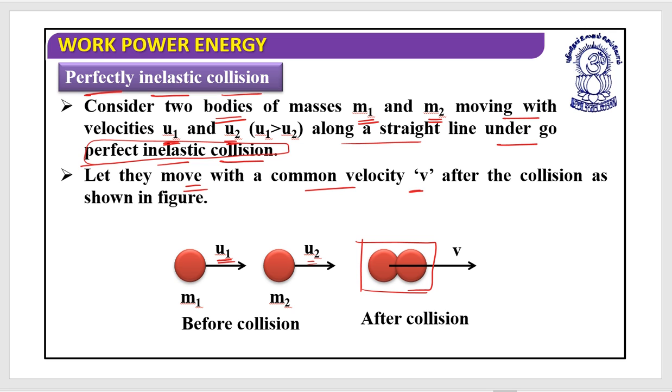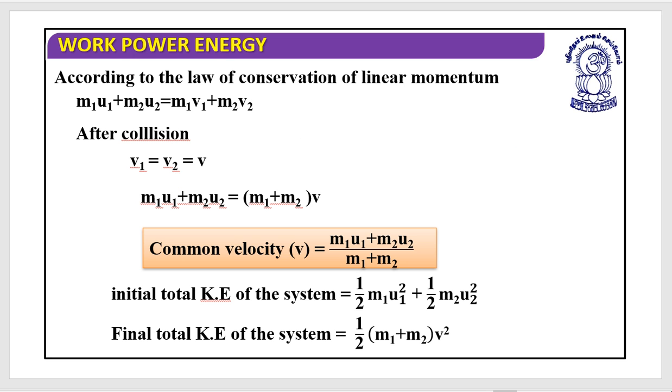Initially they were two separated bodies, and after collision they combine with each other and move with a certain velocity. Let's find out the common velocity v. We can apply the law of conservation of linear momentum: m1 u1 plus m2 u2 equals m1 v1 plus m2 v2.